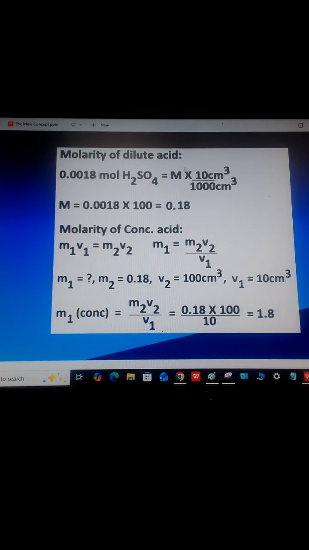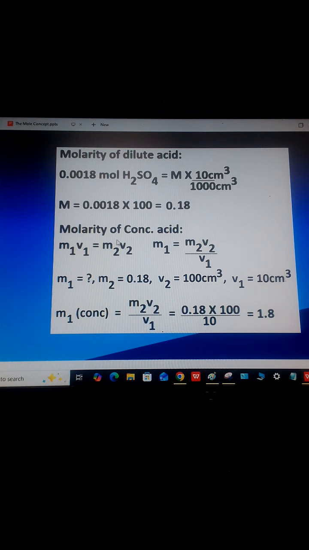So if we make M the subject of this equation, we find that M is equal to 0.0018 divided by 0.01. In other words, it is times 100. So we get the molarity of the dilute acid as 0.18.